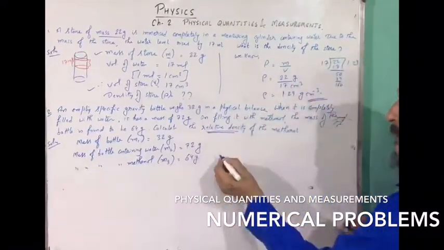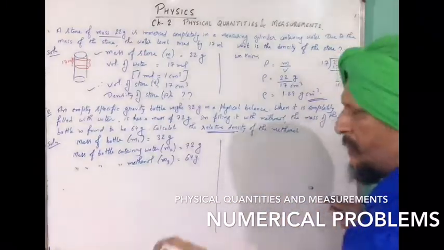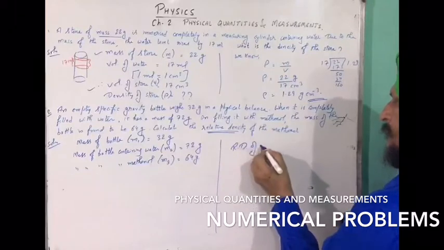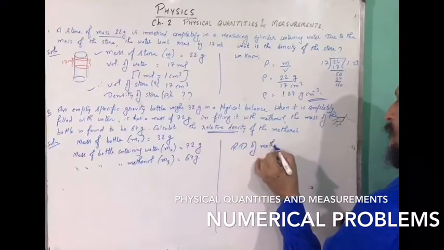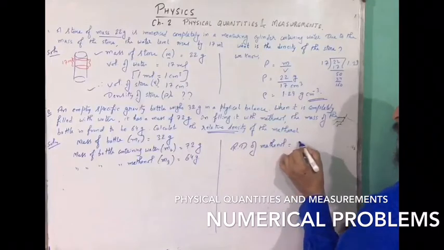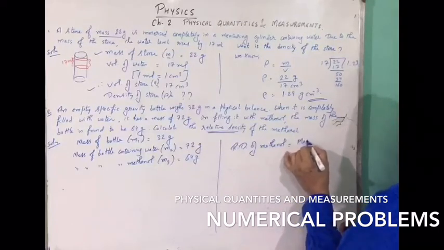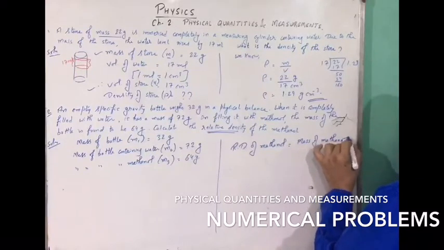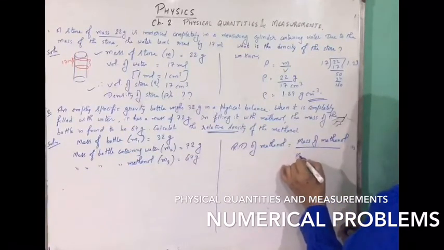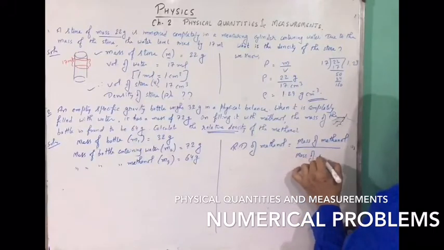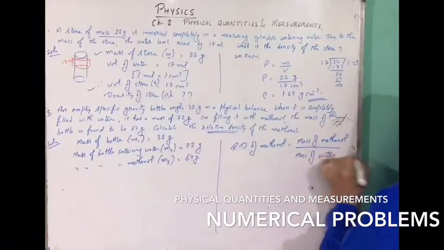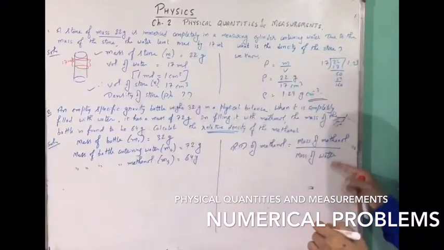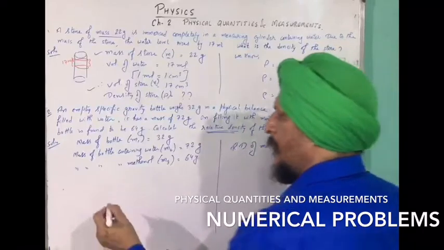I am writing on the right hand side so you will understand clearly. Relative density of methanol equals mass of methanol divided by mass of water. So first we find the mass of water, then the mass of methanol.